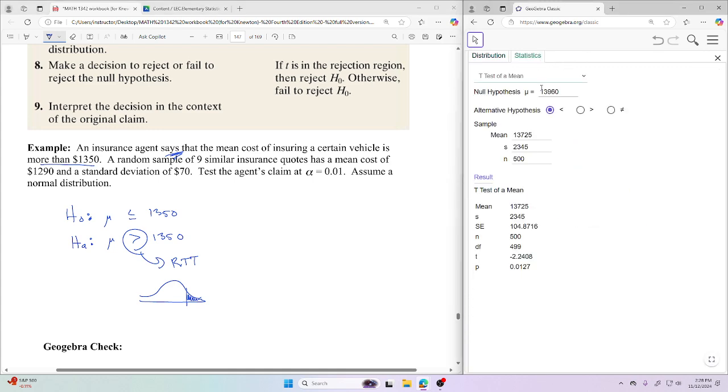Again, t-test of a mean. So that one's easy. That's the 1350, and I'm going to go greater than. So what's the mean that they found? 1290. This is odd. Standard deviation. Okay, n is 9. Now, this is odd. I already knew something was a little weird before I even got the numbers back.